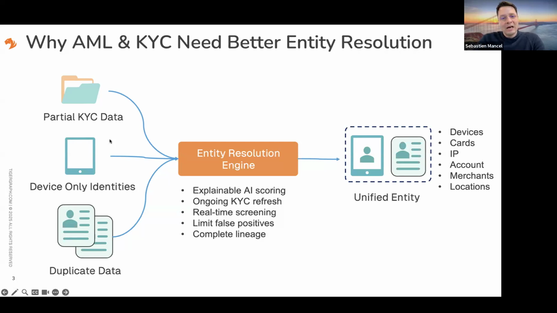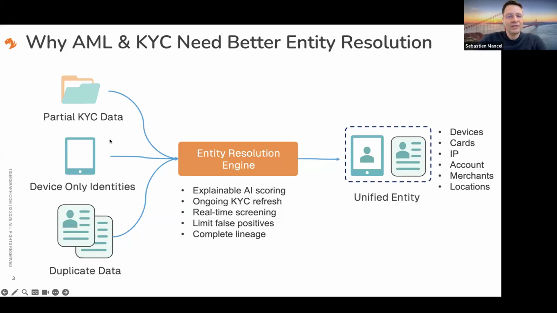Now, these inconsistencies make it nearly impossible to get a single trustworthy view of a customer, and that's where risks hide. Next, in the center of the flow, we have the entity resolution engine, and this is the game changer. It connects fragmented records into a single explainable entity, one that updates continuously as new data comes in. And it does this through explainable AI scoring, real-time KYC refresh, and continuous screening for emerging risks.